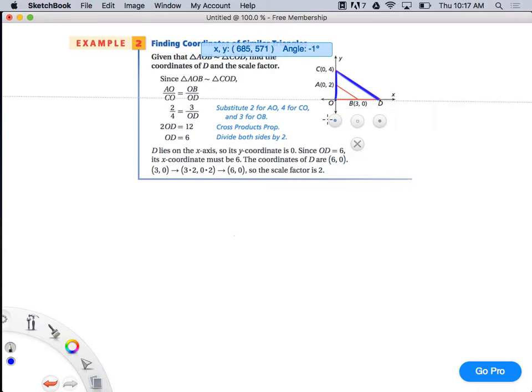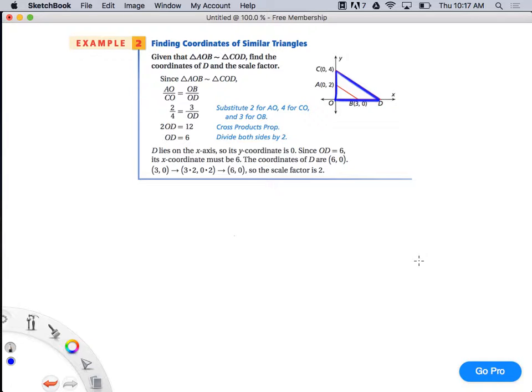First off, are these triangles the same shape? Yes, they're the same shape. Are they the same size? No. So what has occurred? It begins with a D. It's a dilation. Very good. So the question is, find the coordinates of D and the scale factor.